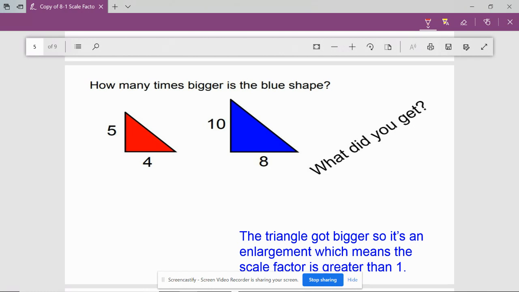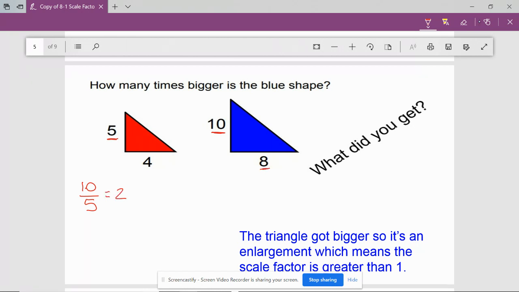So how many times bigger is the blue shape? The blue triangle is bigger. What we need to do is make sure that we're comparing our sizes. So let's take these two sides: 10 over 5, which is equal to 2.